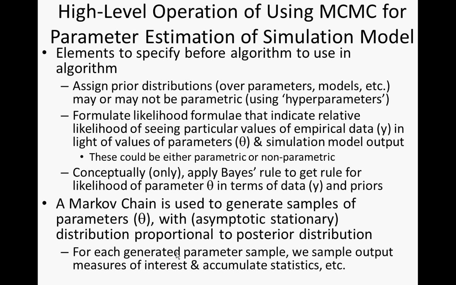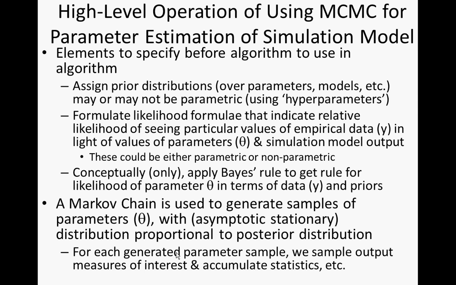So we want to assign prior distributions. Those will capture our best guesses as to where parameter values might lie before we actually start rigorously comparing the model output to observed data. In some cases, we may assume a uniform distribution, or some other non-informative distribution.